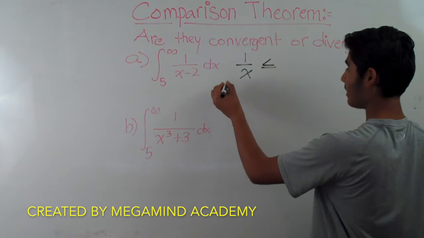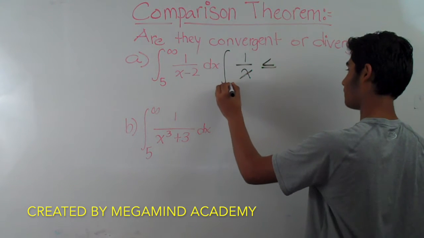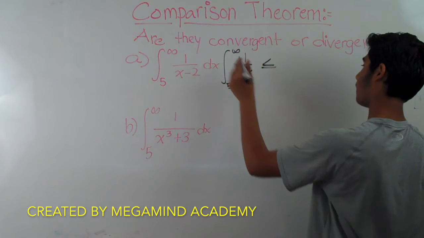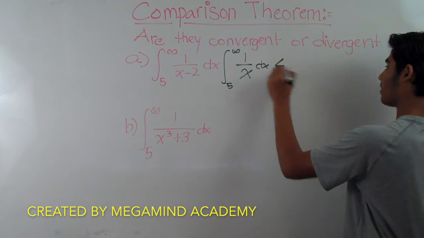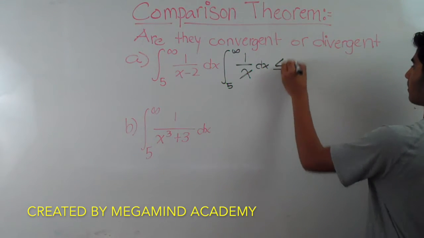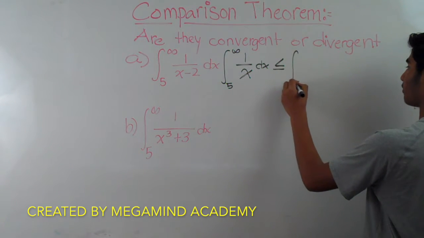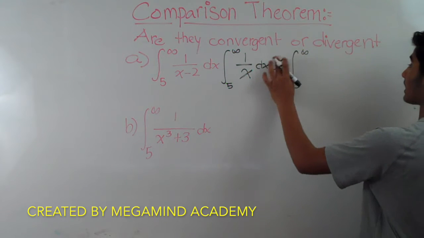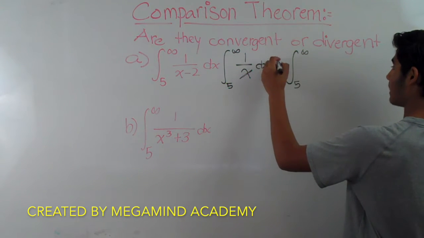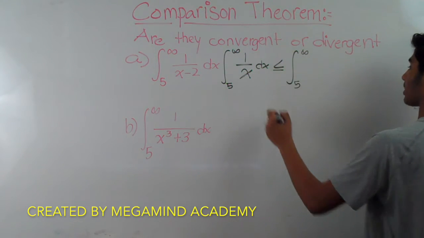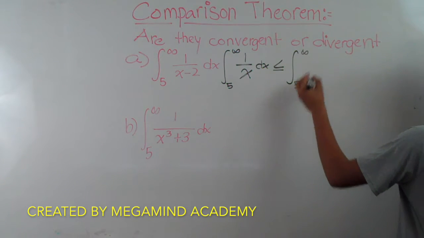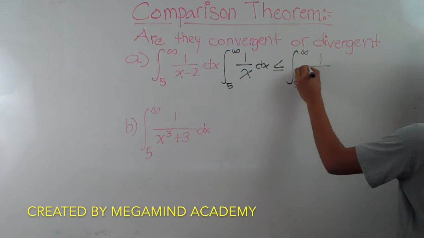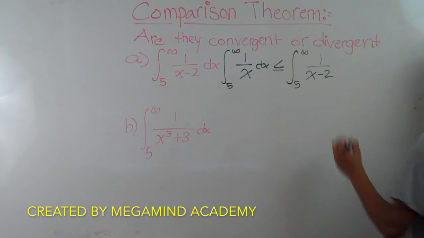So that means that the integral from 5 to infinity of 1 over x dx is less than the integral from 5 to infinity of 1 over x minus 2.